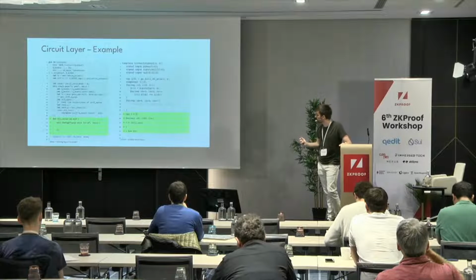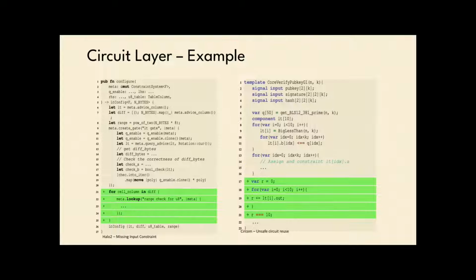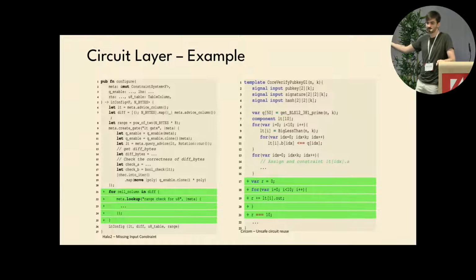Two very simple examples. The first one is from Halo2, and is the missing input constraint. Basically, one range check was missed from that gadget, and that could lead to major vulnerabilities. The other one is from a Circom circuit that was performing signature verification inside the circuit, which is a very common pattern for many applications. It's from ZKBridge.